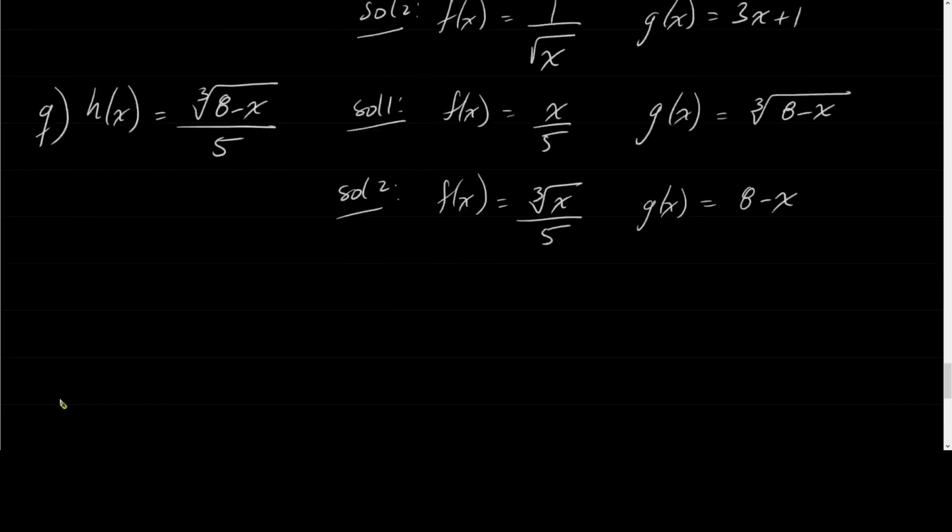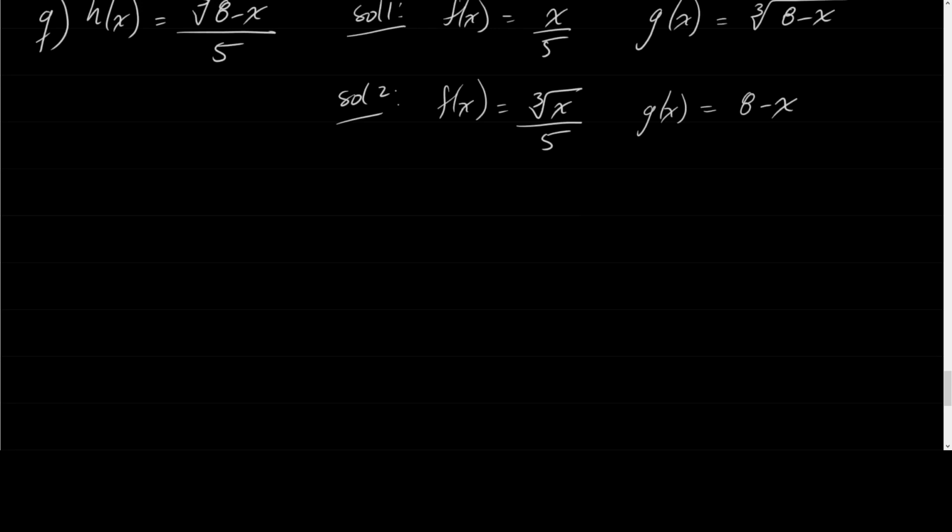Let's look at one more example. Example R. Let's say that h of x were something like 1 over 2x plus 3 to the 4th. And again, here we're going to look at a different solution. Solution 1. F of x, well, what do I see?